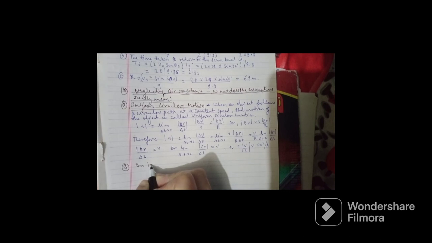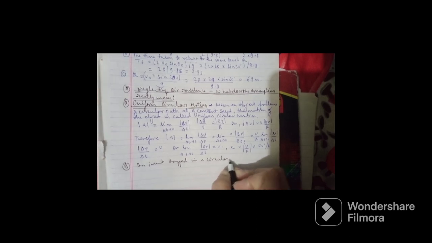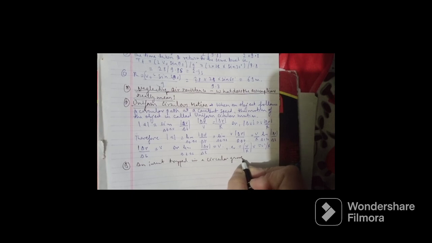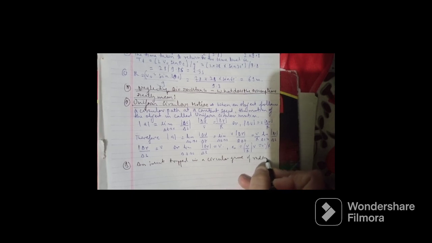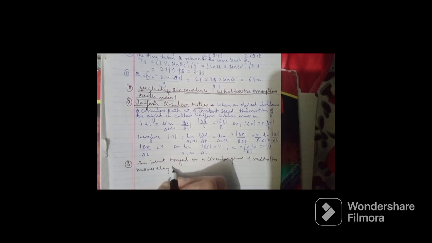An insect trapped in a circular groove of radius 12 centimeters moves along the groove steadily and completes 7 revolutions in 100 seconds.